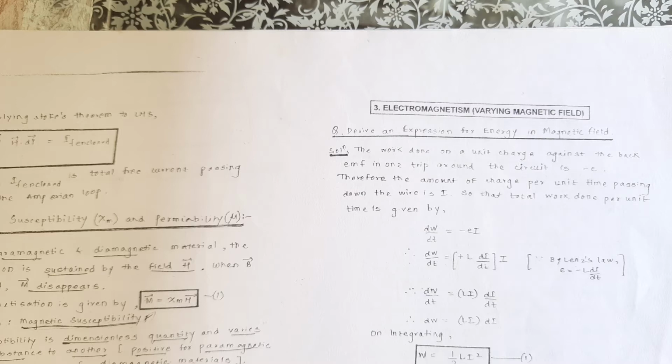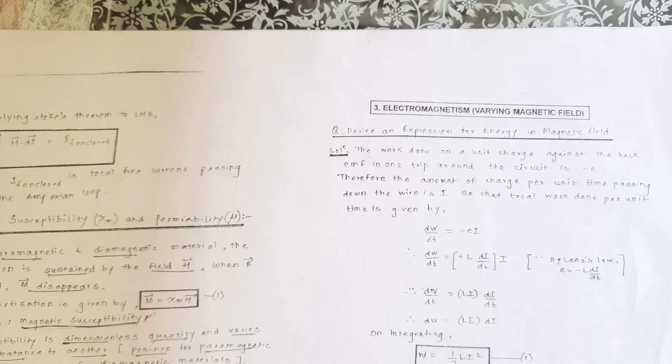Now the work done on a unit charge against the back EMF in one trip around the circuit is minus E. Therefore the amount of charge per unit time passing down the wire is the current I. So the total work done per unit time is dW/dt = -EI.